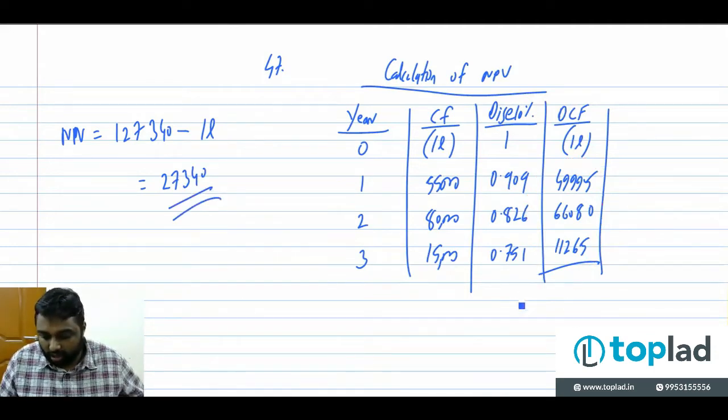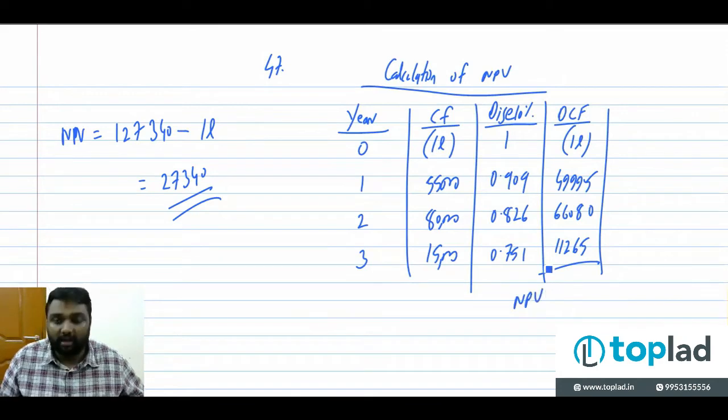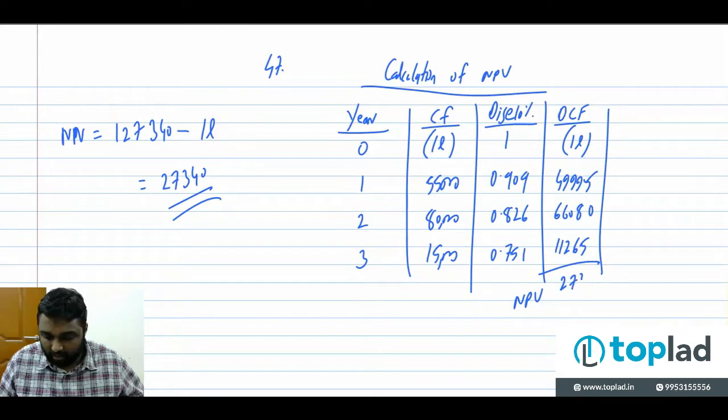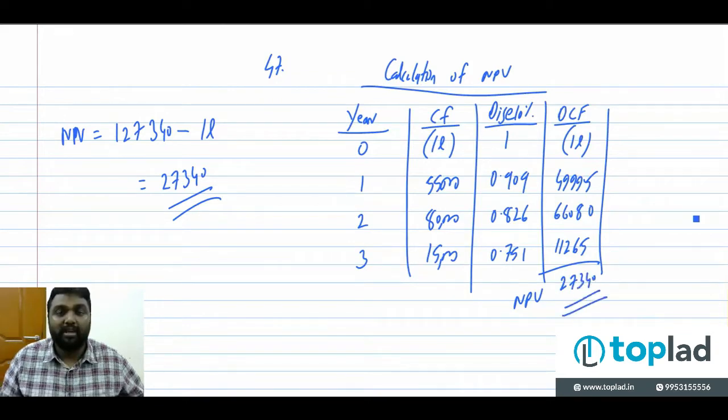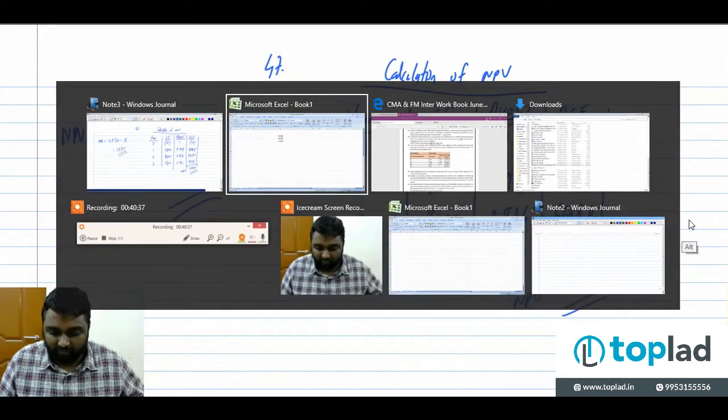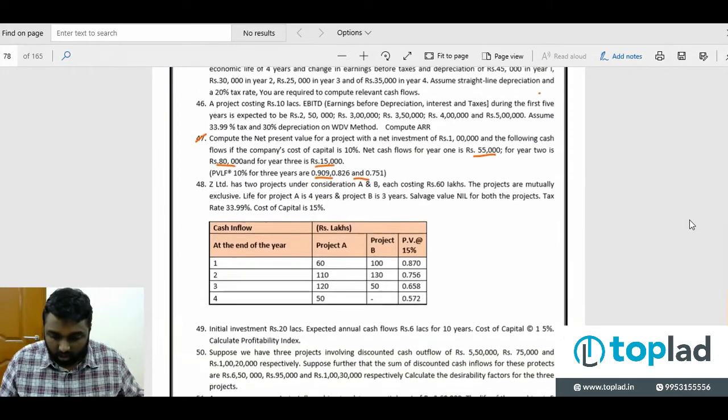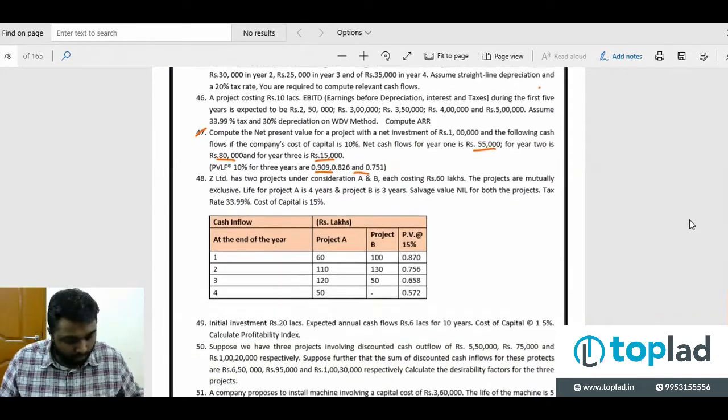We can do this as a shortcut here also. Simply write NPV: add all the positives minus 1 lakh, and we will get 27,340 right here. So this is how we have to approach it.